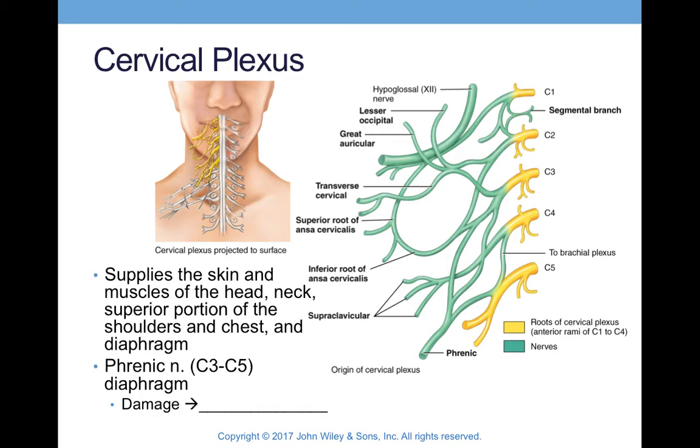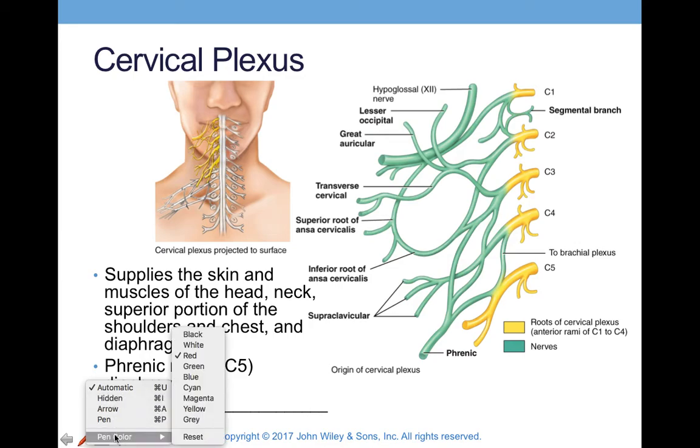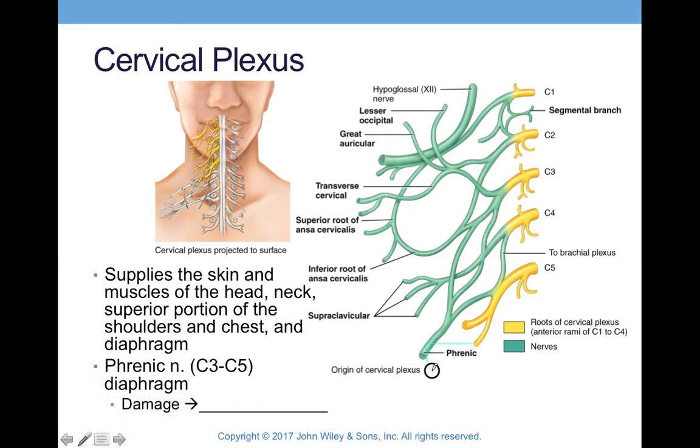Damage to the spinal cord above the origin of the phrenic nerve, so that would be C3 to C5, can lead to respiratory arrest. Breathing will stop because the phrenic nerve no longer sends impulses to your diaphragm.